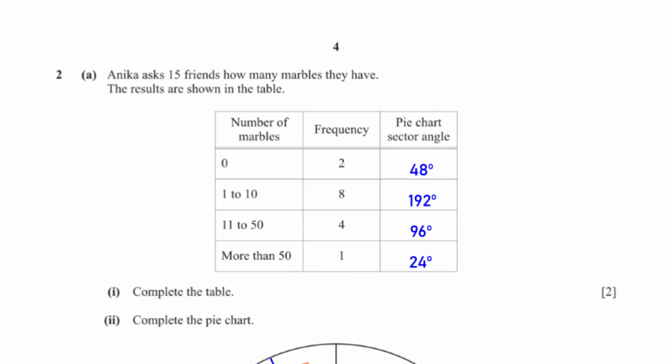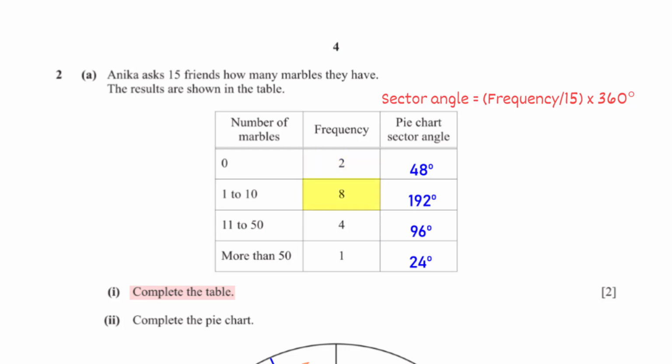Anika asks 15 friends how many marbles they have. The results are shown in the table. Complete the table. To get the sector angle for each row in the table, we divide the frequency for the row by the total frequency, which is 15, times 360 degrees. So for row 1, we have 2 over 15 times 360 degrees, which is equal to 48 degrees.